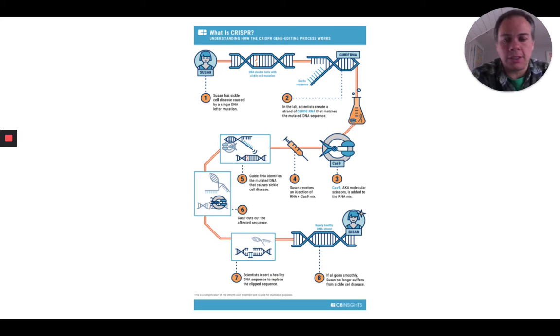Now, these are early stages for this sort of treatment, and there are some diseases where it's being studied successfully. There are also examples of gene editing within a person that have had negative effects as well.